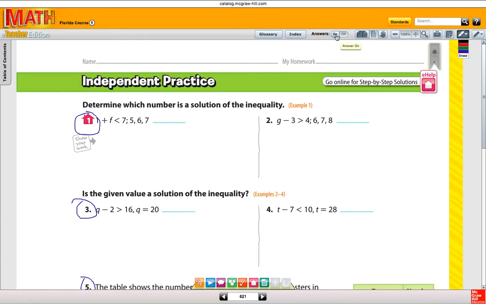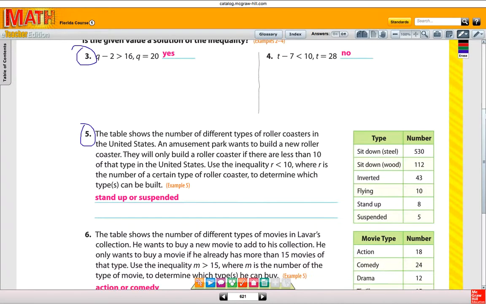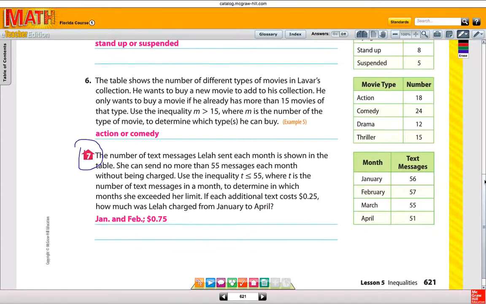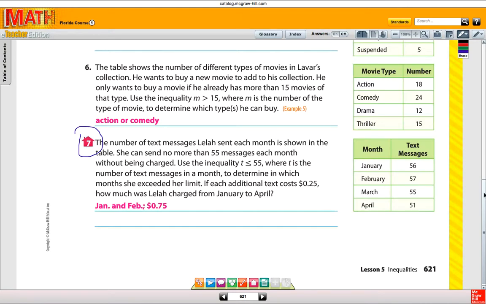Okay, the answers for 1 is 5, 3 is yes, number 5 is only the stand up or suspended type of roller coaster, and number 7 is just January and February.